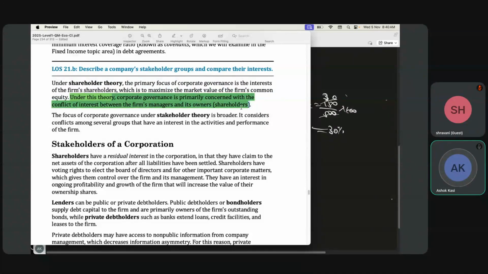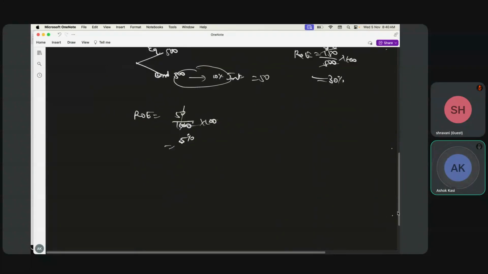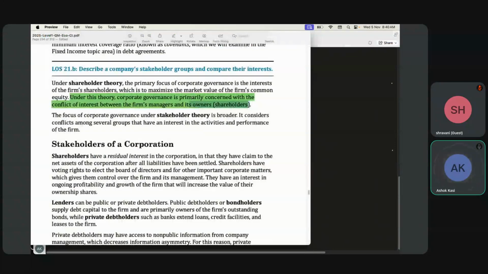As a shareholder, my intention is to maximize the profit. From the shareholders' point of view, maximize the profit.